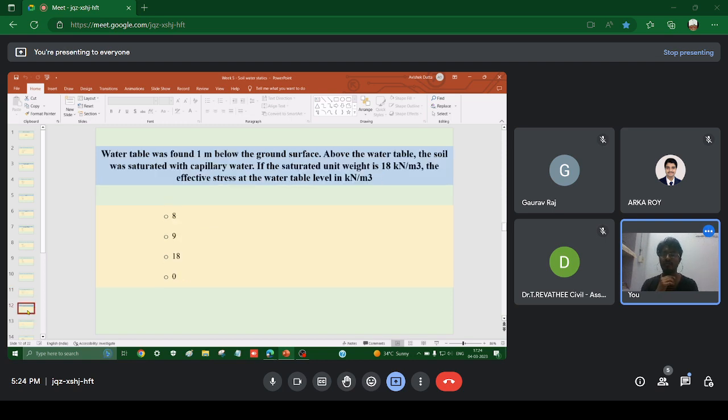Water table was found 1 meter below the ground surface. Above the water table, the soil was saturated with capillary water.